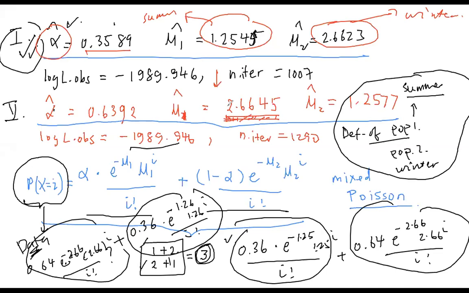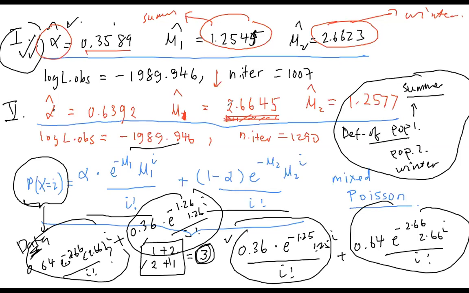So what I'm trying to say here is that in your EM algorithm, depending on the problem you are trying to solve, with different starting values you may get different solutions. Which solution you take will depend on your context.